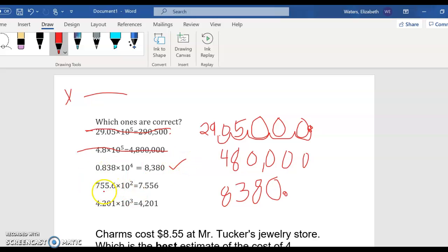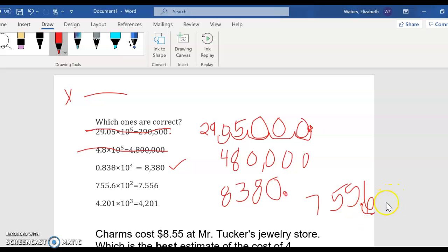Now we're going to try this one. And it says 7, 5, 5, decimal 6. So let's put my decimal here. I'm going to move it 2 times because the exponent is a 2. 1, 2. My new decimal goes over here.